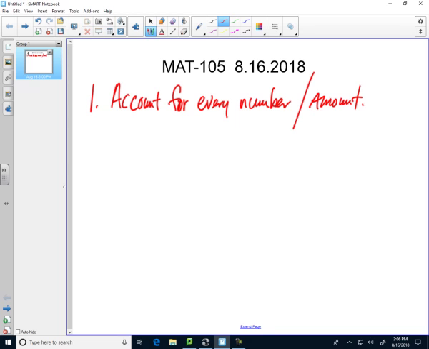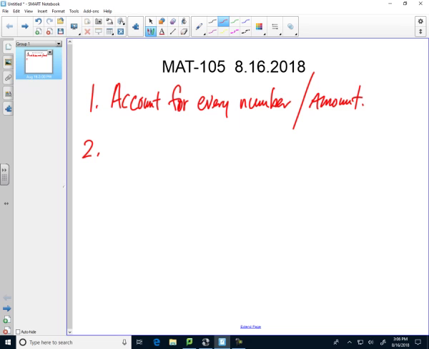We could say amount because this is money. So make sure that you do something with every number, even if it's decided you don't need it. Because just because a number is there doesn't mean you have to use it. But you need to look at it and make up your mind whether you need it or not. I'll show you an example of that in a minute.